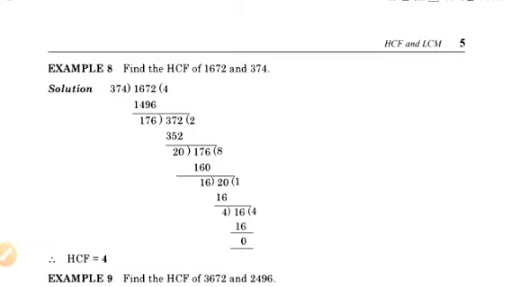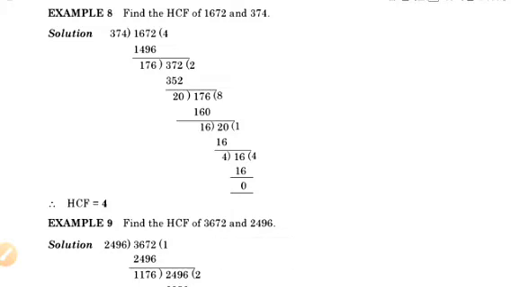Now multiplying 20 with 8, we get 160 and the remainder is 16. So the divisor becomes the dividend and the remainder is the divisor. We get 16 ones are 16, remainder is 4, and 4 4s are 16, remainder is 0. So the last divisor here is 4. So the required highest common factor is 4.